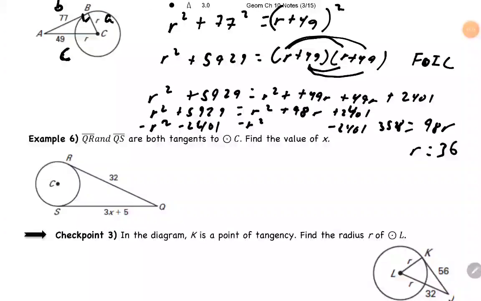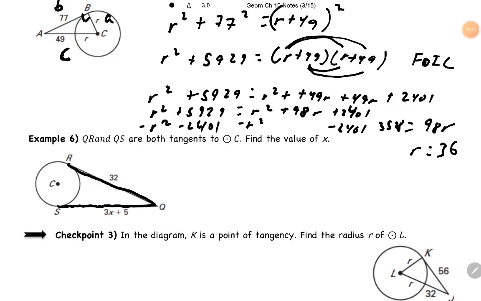Alright, example 6. QR and QS are both tangents to circle C. Okay, so they're talking about RQ or QR, this line here, and SQ or QS. They are both tangents.